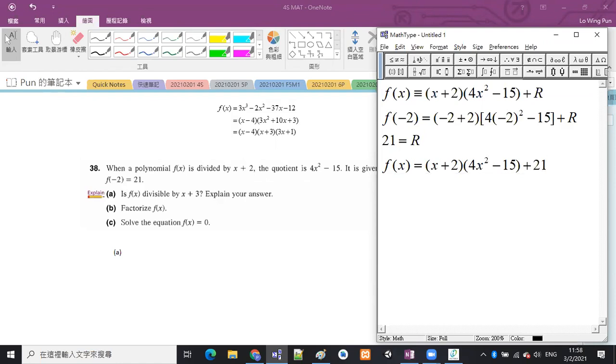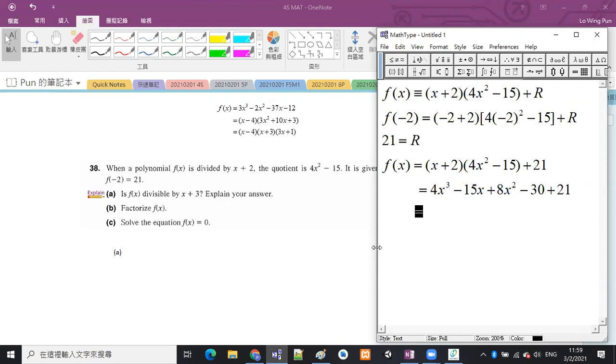Okay, but normally we will expand this. So it should be 4x cubed minus 15x plus 8x squared minus 30 plus 21.